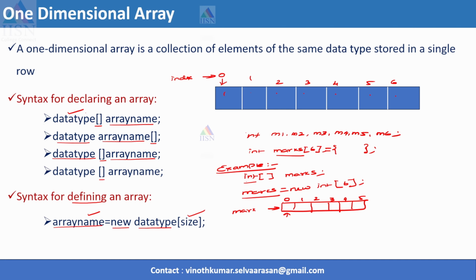First I mention the array name, followed by the index value. What is the index value? It is 0. The value in this particular location is then displayed on the user screen. So this is all about the array.